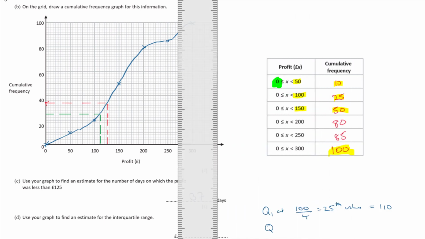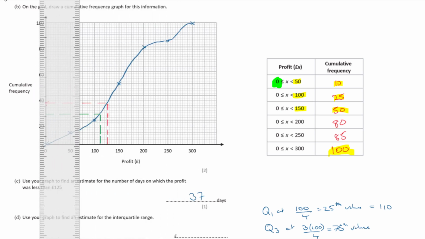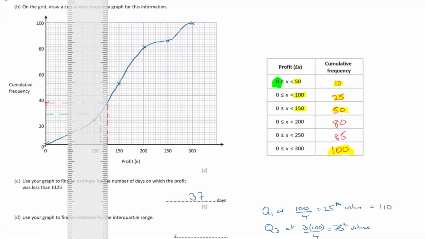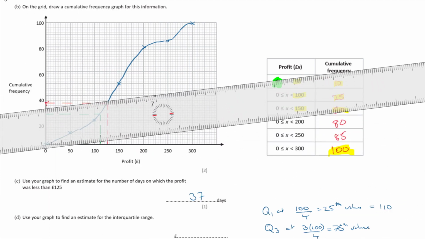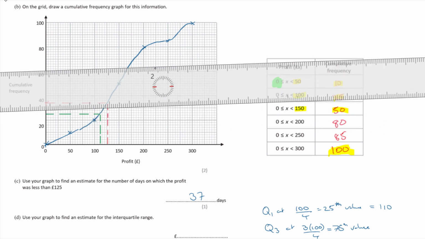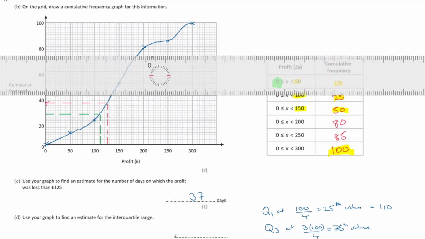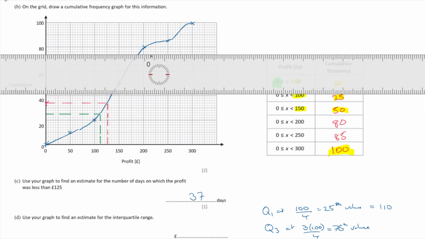Now Q3 is going to be at 3 lots of 100 over 4, so 3/4 of the way through the data set, around about the 75th value. Normally we'd add 1 before we divide by 4, but again it's a large data set, so it doesn't make a lot of difference, so we just miss it out in that case.